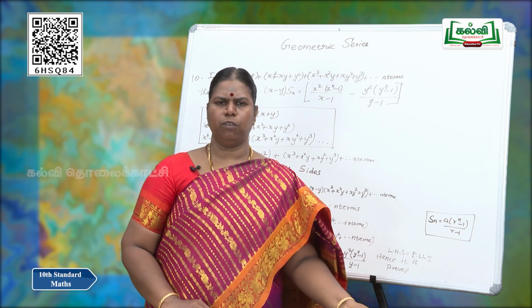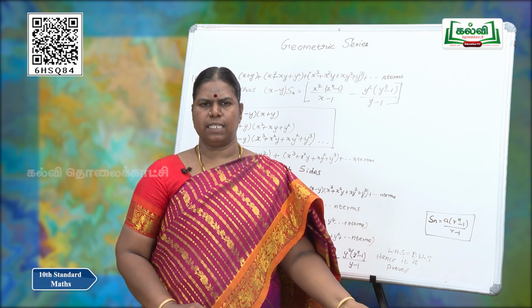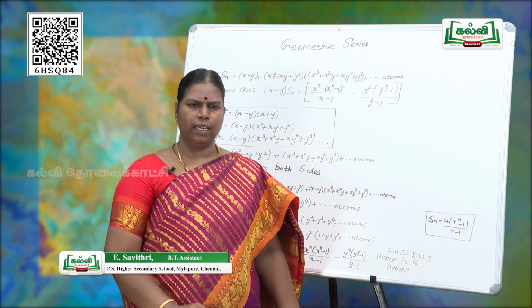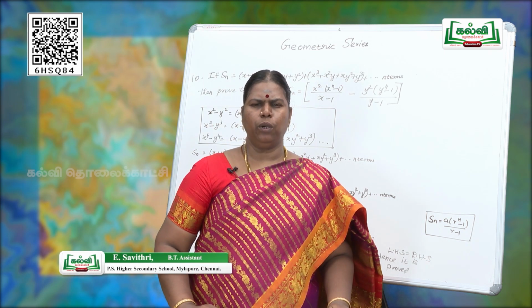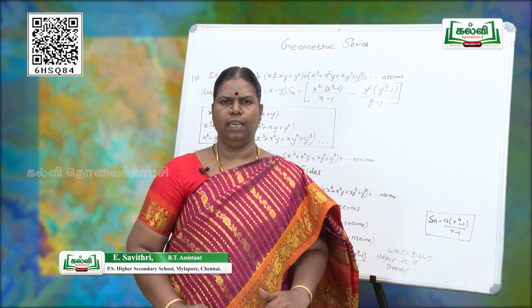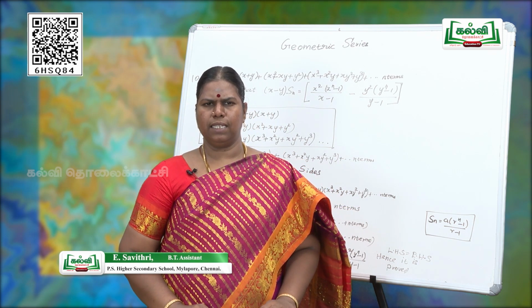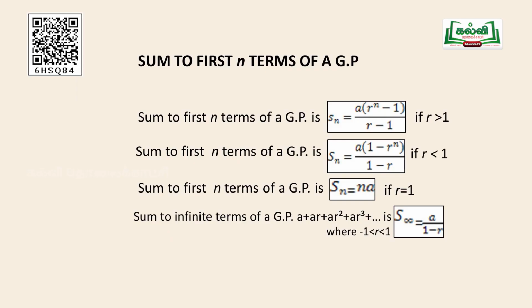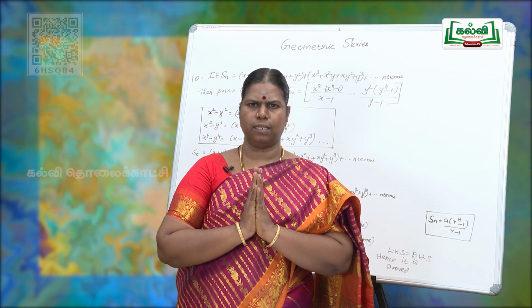Sum to first n terms of a GP, Sn is equal to Na when r is equal to 1. Finally, we have learnt sum to infinite terms of the GP, A plus AR plus AR square up to so on infinite terms. S infinity is equal to A by 1 minus R. Thank you, students.